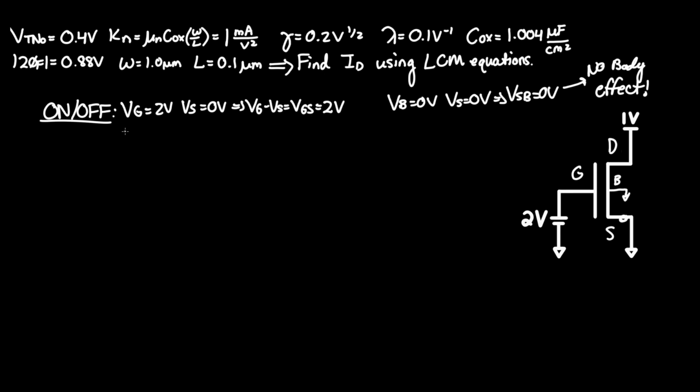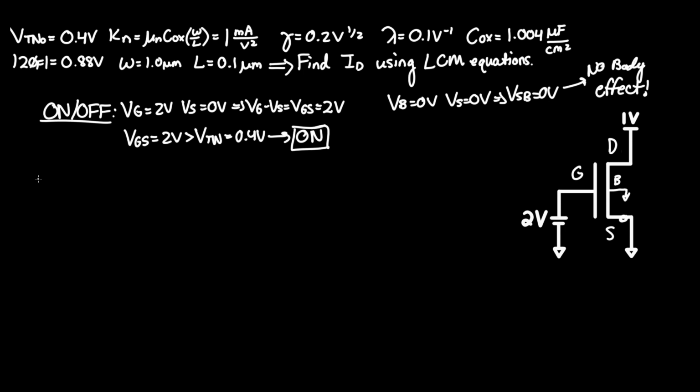Now, moving on, going back to the VGS, it is greater than VTN, which we now can assume is VTNO, which is 0.4 volts. So the device is on.